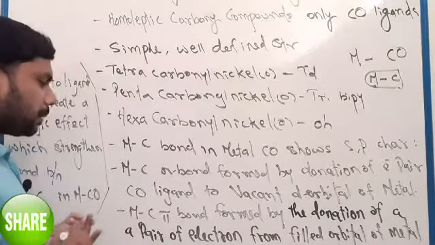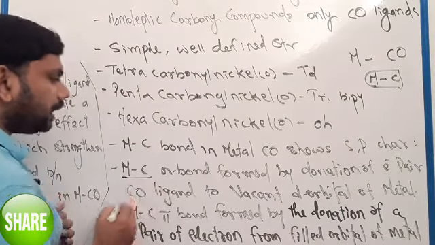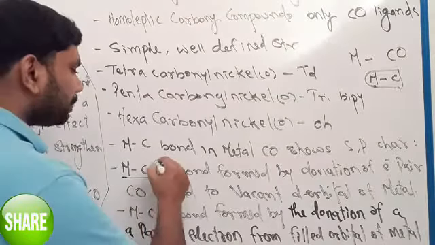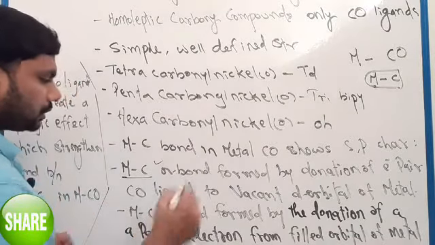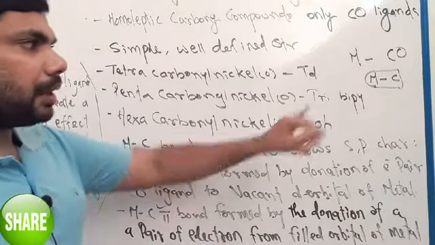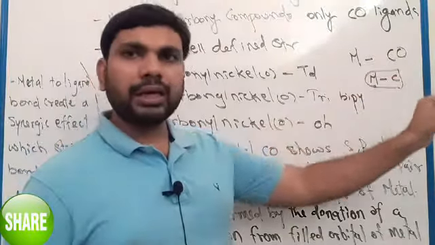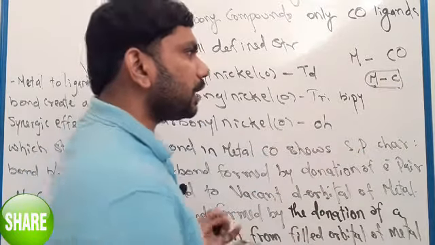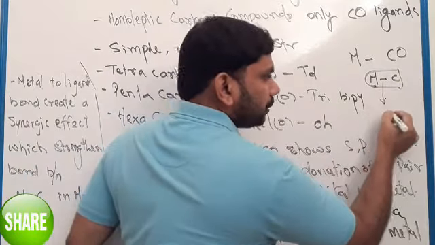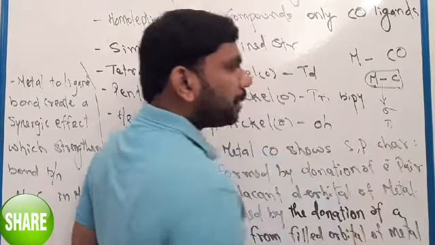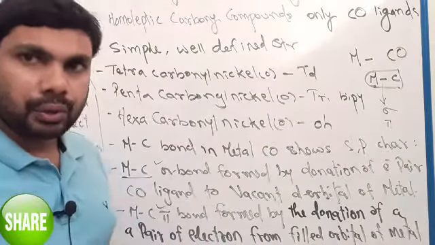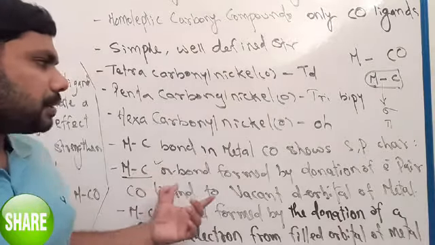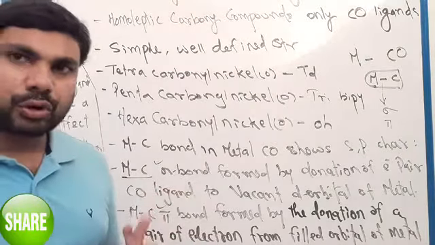This metal carbon bond in metal carbonyl forms two different types of bond, sigma bond and pi bond. The sigma bond is formed by donation of an electron pair.